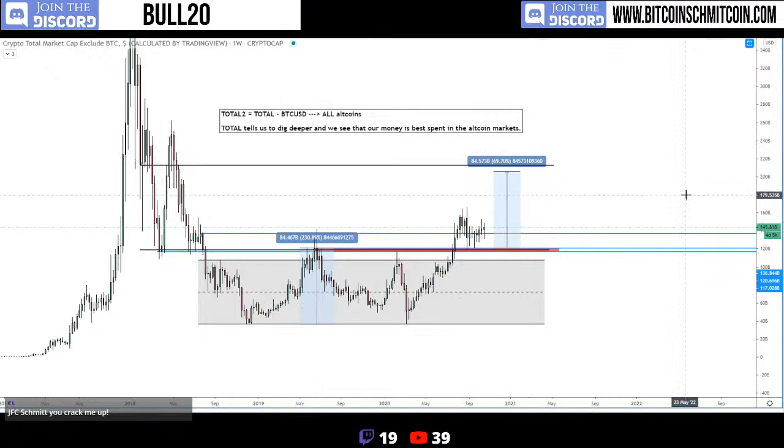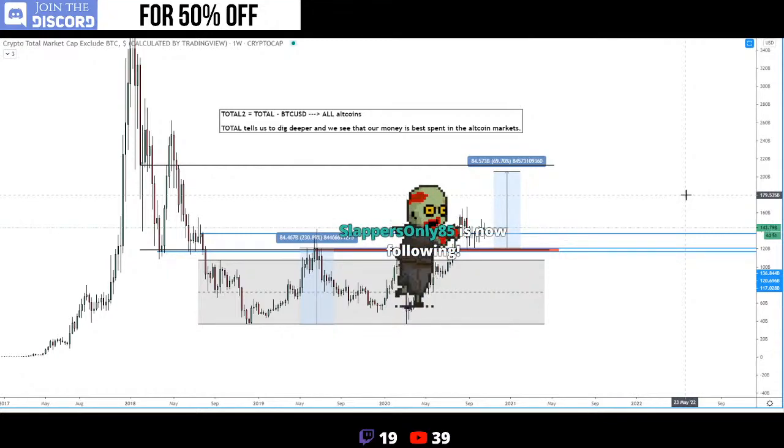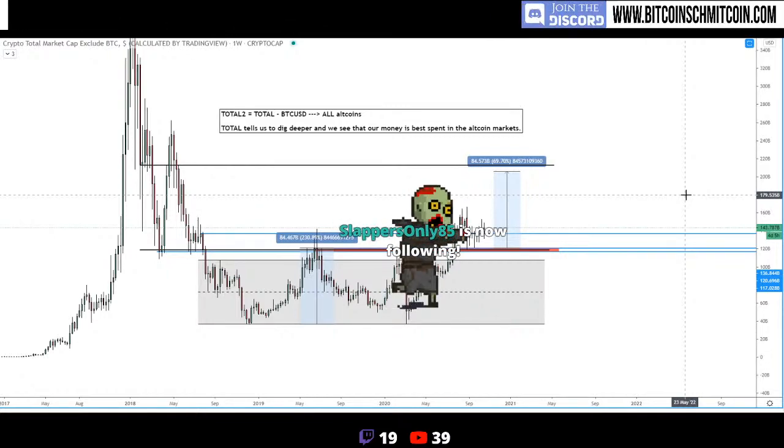So 40 to 50% upside in altcoin market cap growth, and that is huge. 50% growth in any individual coin is big, but we're talking 50% growth across the board. That doesn't tell us which coins are going to grow. It just says altcoins have a lot of upside potential.